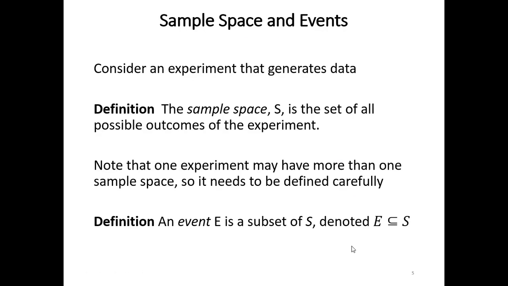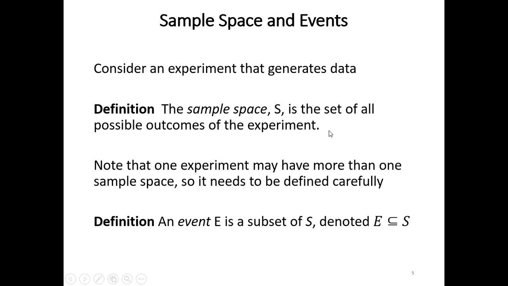Okay, now a couple of important definitions. Let's say we have some type of experiment that generates data. Then the sample space, denoted by S, is a set of all possible outcomes of the experiment.